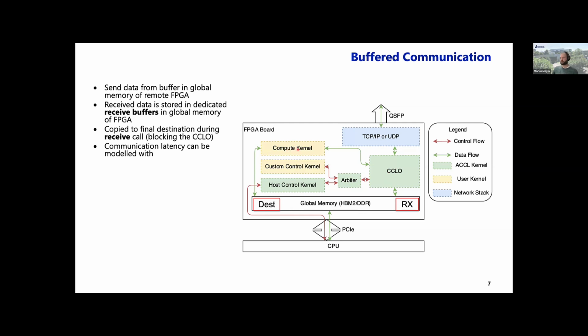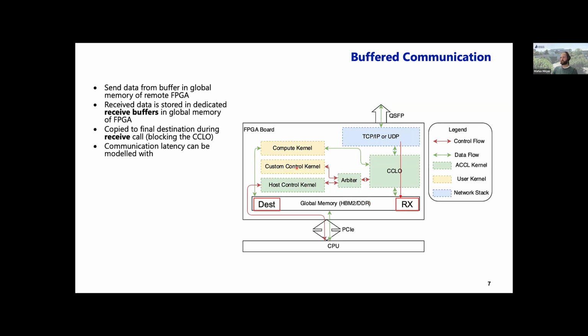So now if we want to send data, for example, from a remote FPGA to this FPGA here, we have to schedule a send call via the host control kernel to the CCLO. The CCLO will read the data somewhere from the global memory, pass it via the network to this FPGA here, and the data will be stored in the first step in the receive buffer on the global memory.